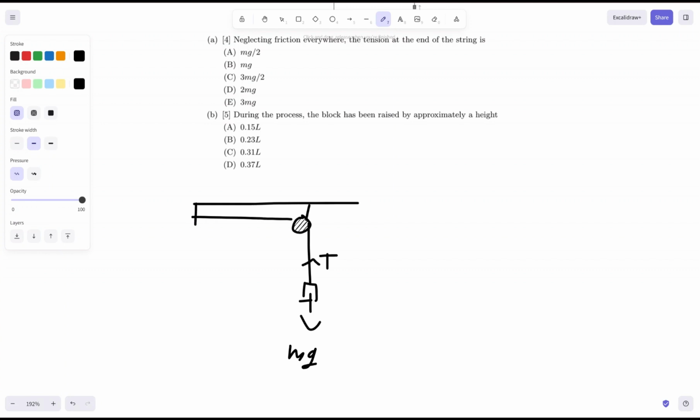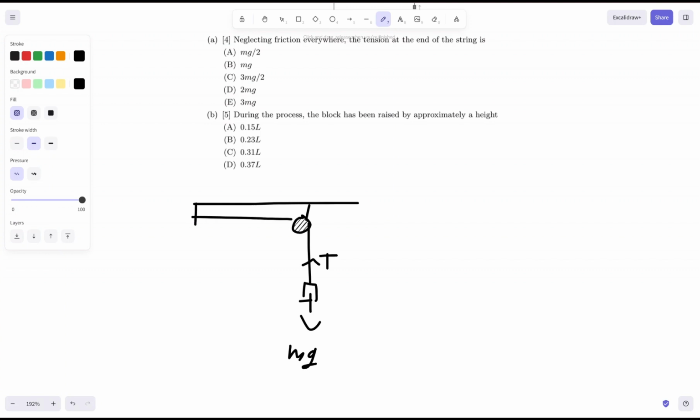They have to be the same. In a massless string, the tension has to be the same everywhere, in every segment, because if it was different, then the net force would be different, and then it would start accelerating.